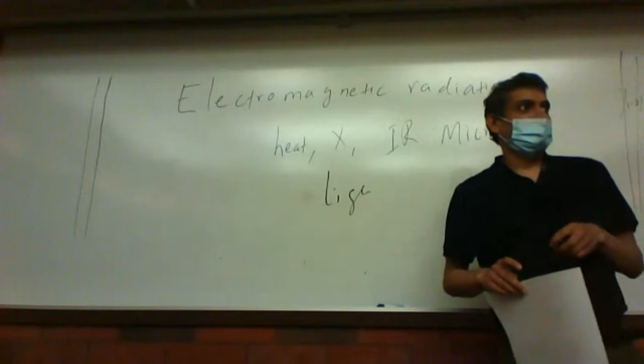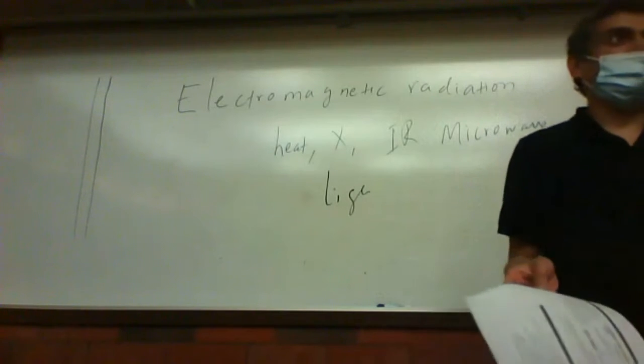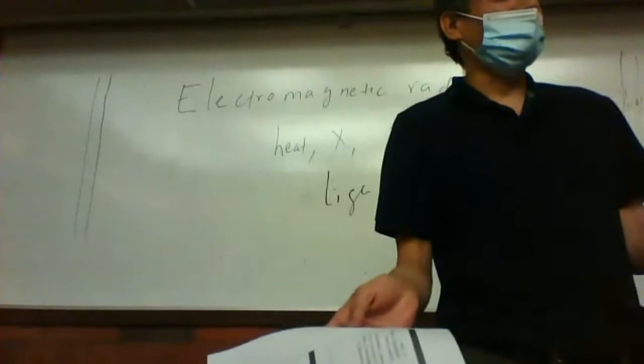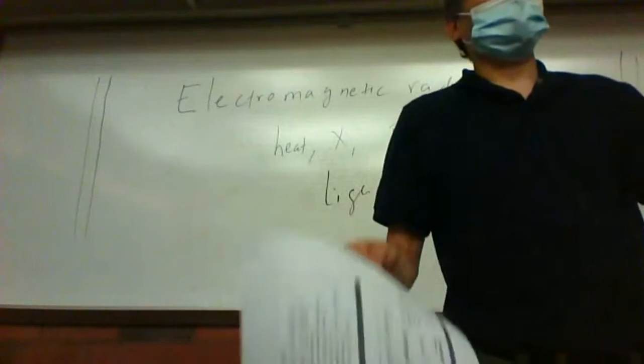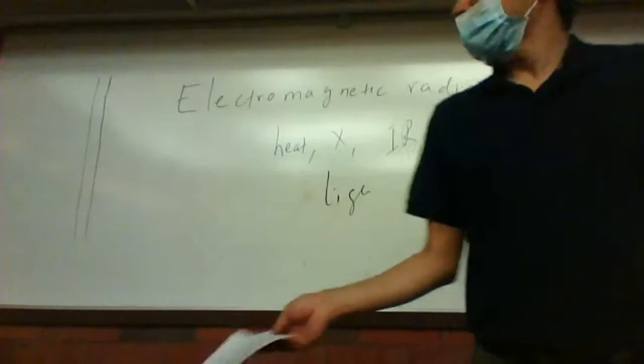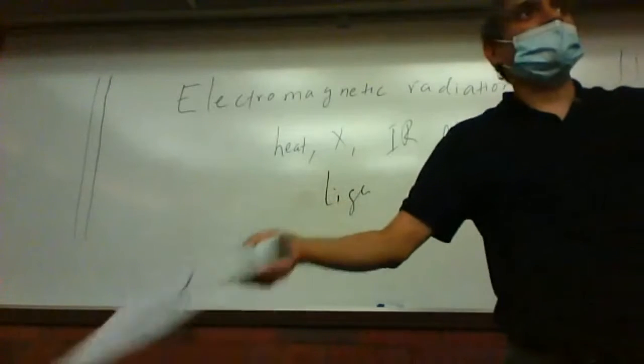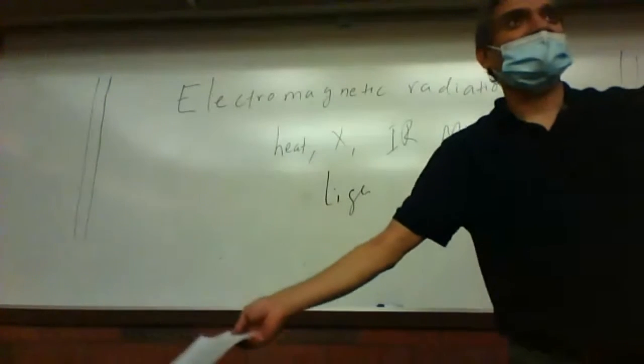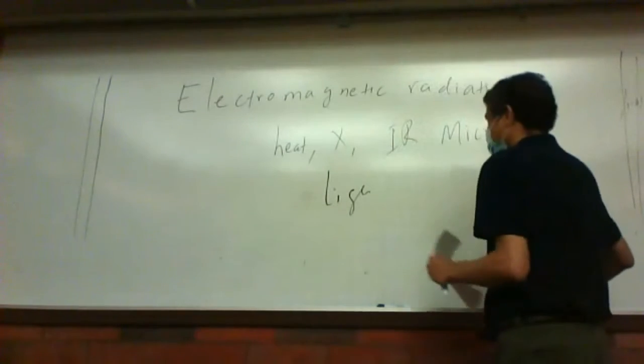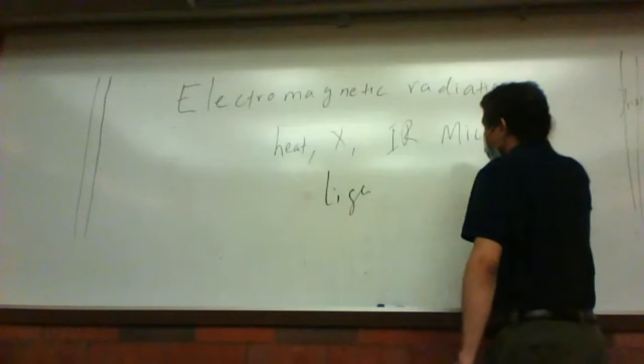Make sense? So why are these things called electromagnetic radiation? Because they can interact with the magnetic field, so they behave as a magnet, and they can interact with the electrical field, meaning that they can produce electricity. They can change the direction of the electricity or something like that. So these are called electromagnetic radiation. All right.